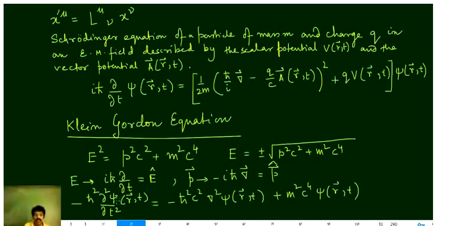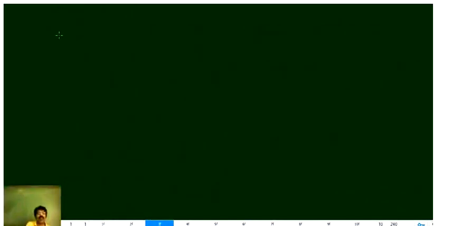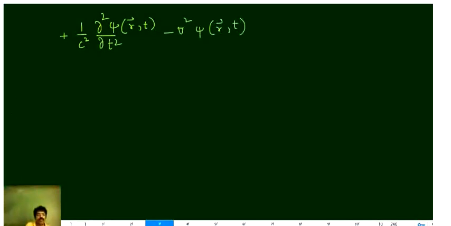Now if we bring everything to one side and divide by minus h cut square c square, we get 1 by c square del 2 psi(r,t) del t2 minus del square psi(r,t) plus mc by h cut whole square psi(r,t) is equal to 0.